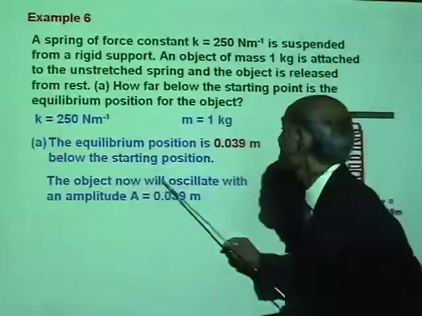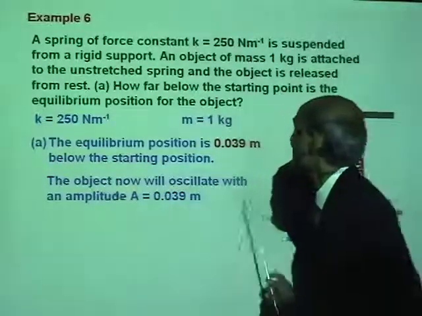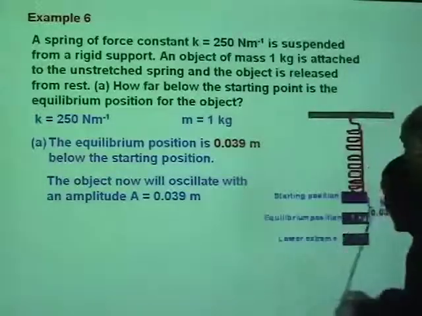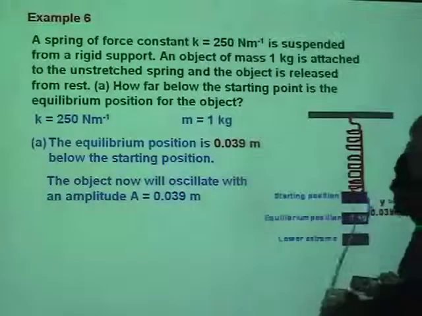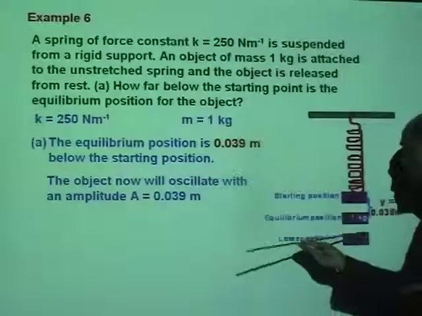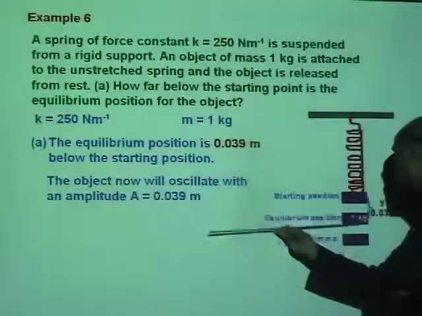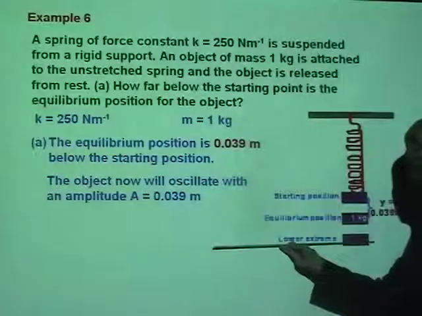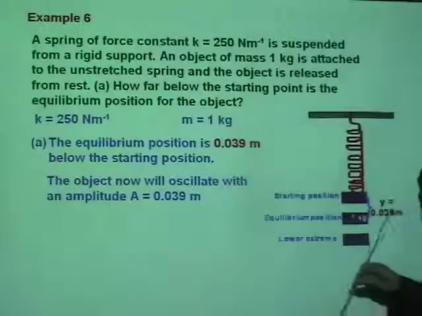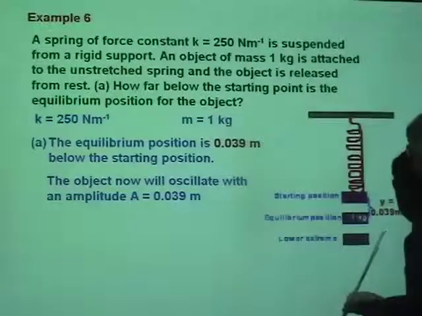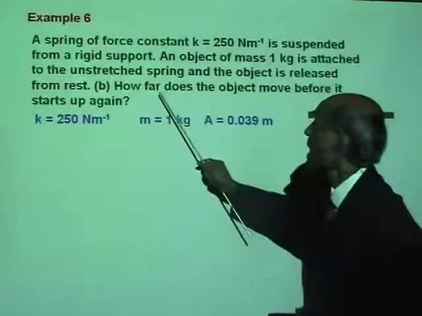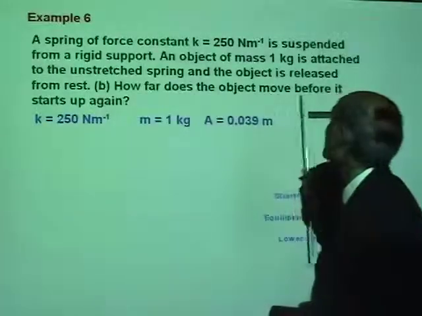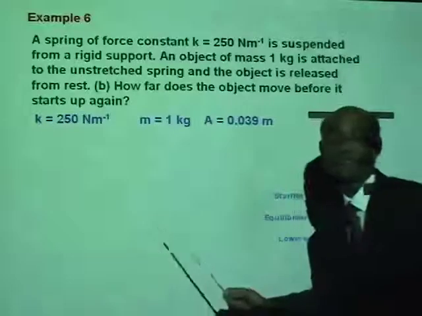The object will now oscillate with an amplitude, is that right? The amplitude of oscillation will be 0.039 meter. That means, what will be the distance it is now going to go down? That will be again 0.039 meter. Alright, now look at the B part. How far does the object move before it starts up again?